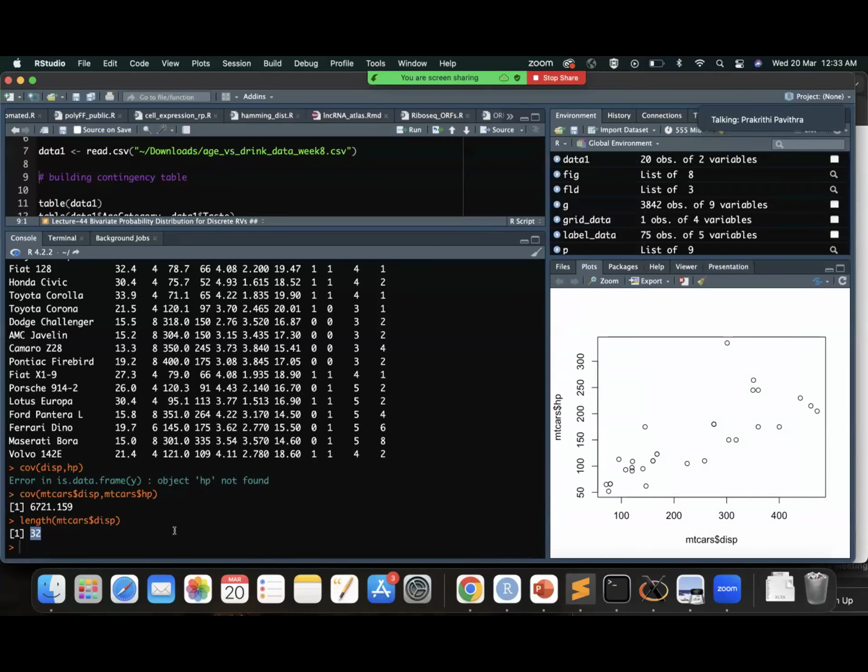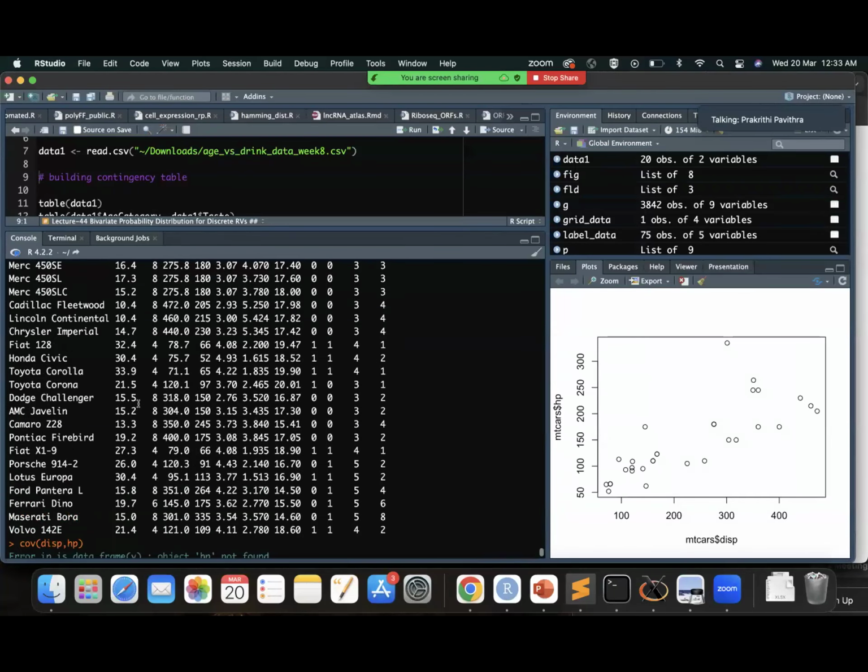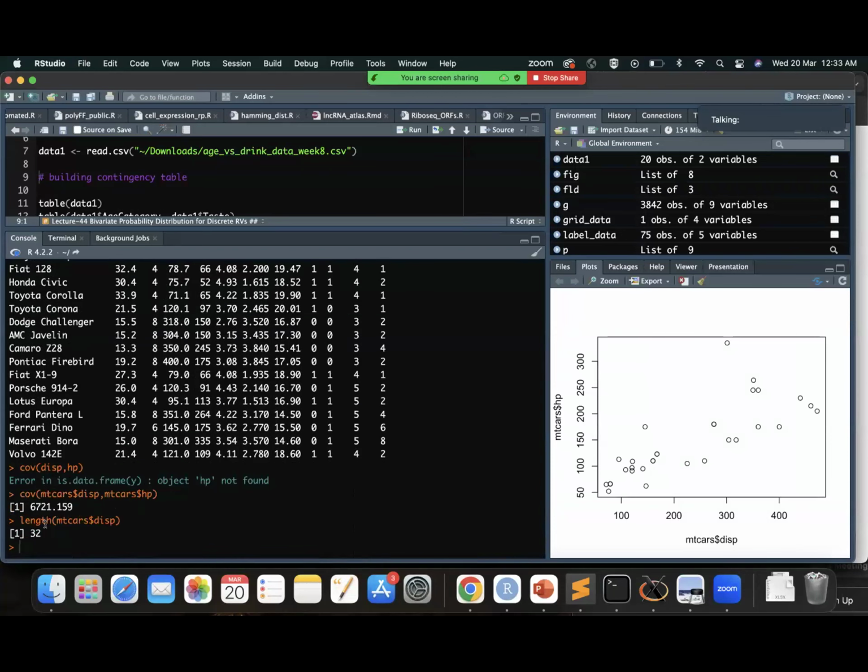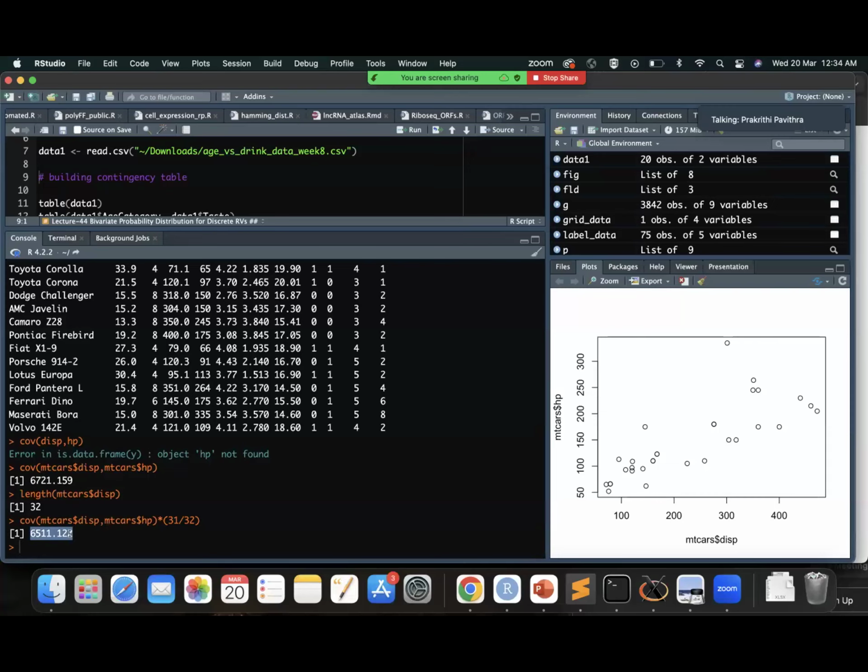But R gives you the summation of all these divided by 31. So what will you do? You have to do covariance of HP into n minus 1 divided by n. So n minus 1 is 31, divided by n, 32. So this is your actual covariance answer.